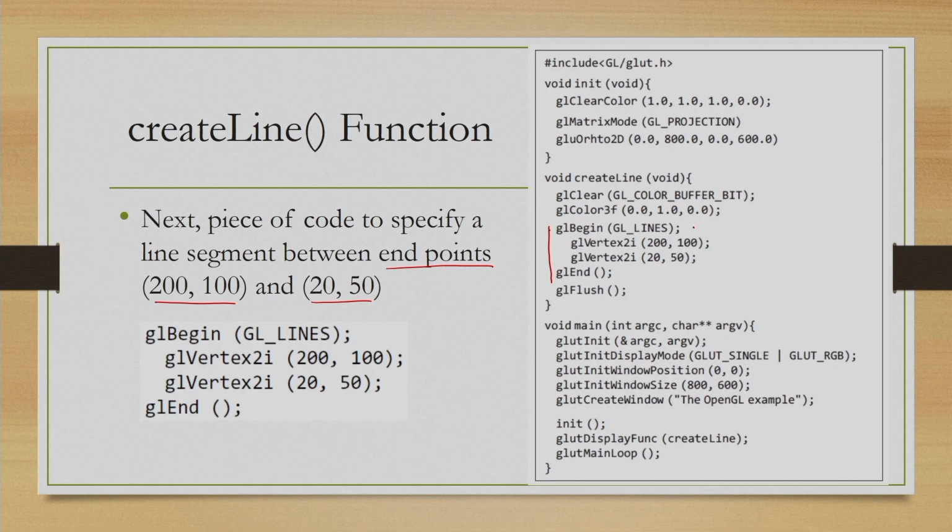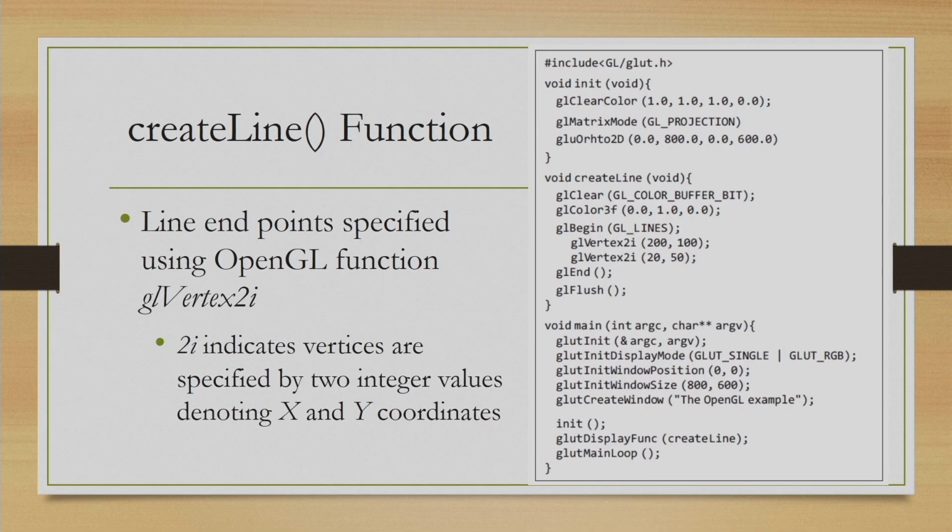So, this essentially creates the line between these two endpoints, specified by the function glVertex2i called twice. Here, the 2i in the function, as you can guess, indicates that the vertices are specified by two integer values denoting the x and y coordinates. This is quite straightforward.